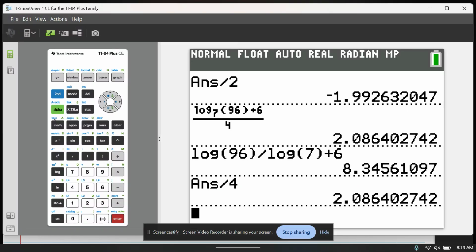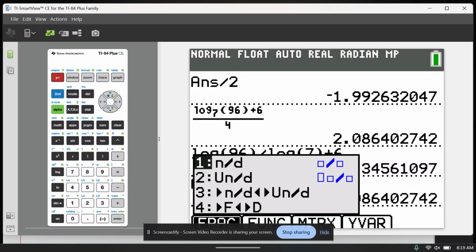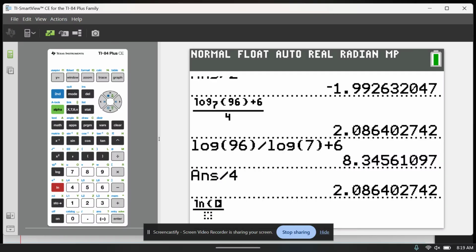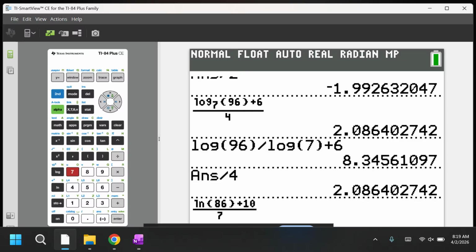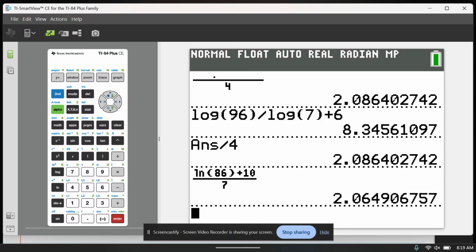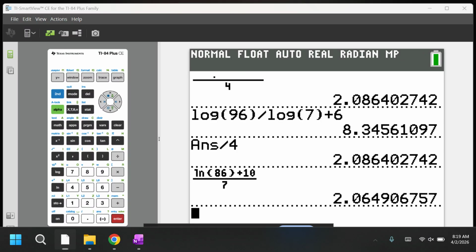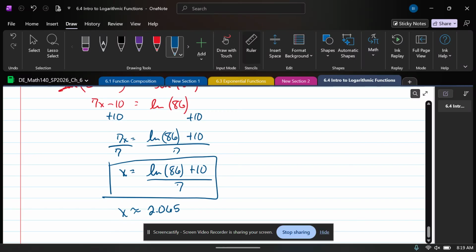You can just do the fraction and do natural log of 86 plus 10, divided by 7. I did that right. Yeah, 2.065. So, mixing it up there with a little base e stuff.